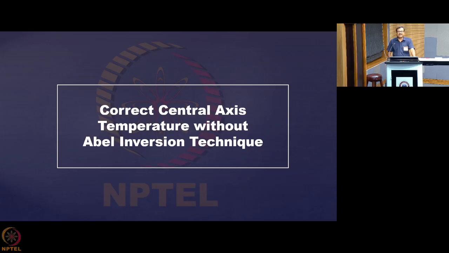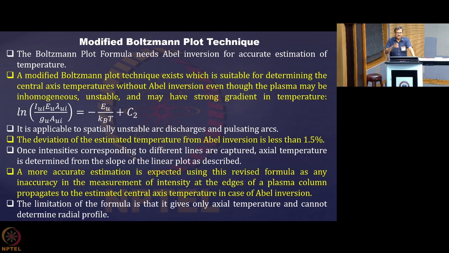Now, there are certain cases where you can find out the accurate central axis temperature without doing Abel inversion. That technique I will tell you a little bit, because this is very useful in the case of arc kind of systems which are deployed in many practical applications. So I am showing you one method where you can find out the temperature accurately without actually doing the Abel inversion.